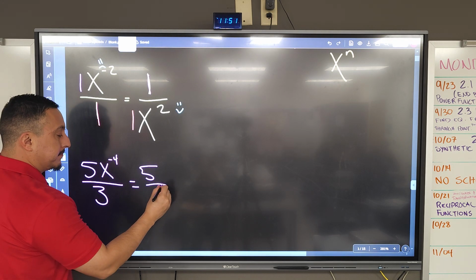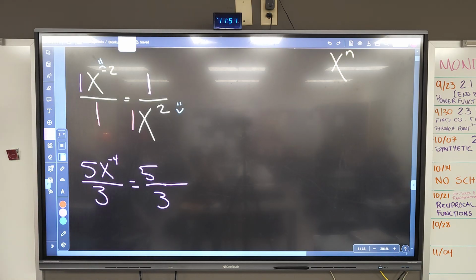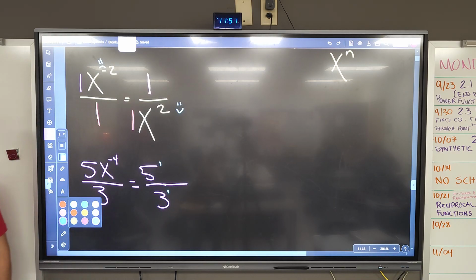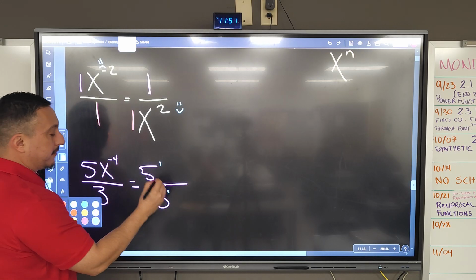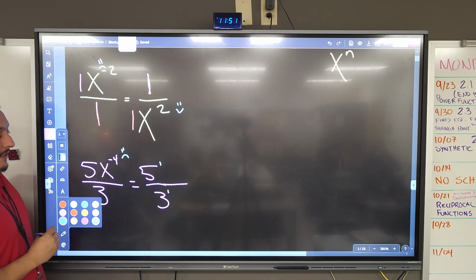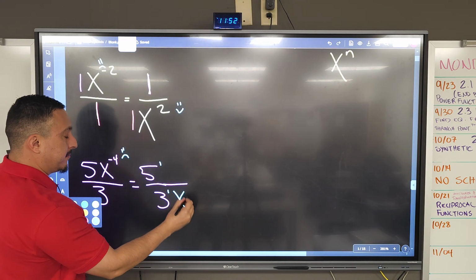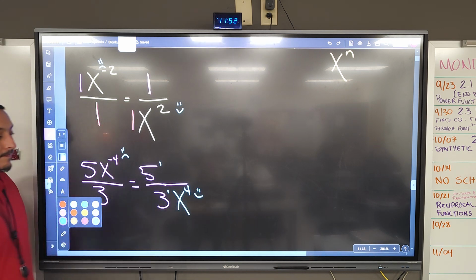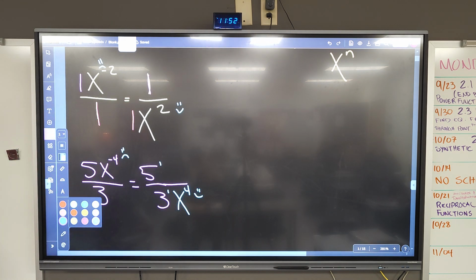You don't touch them because they actually have a positive power. It's a power of 1. So positive is happy, so that's why they stay. But the fourth power is sad up there. He's in a negative mood, so it comes down to the bottom. Now it's positive, now it's happy. But the numbers stay where they're at.